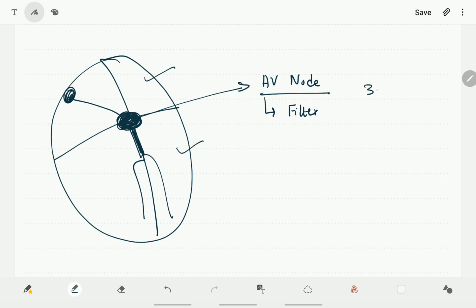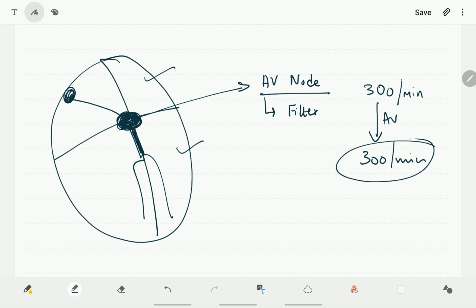For example, if we've got a pathology in the atria and the impulses are being generated at around say 300 per minute in the atria, if the AV node allows all of these to pass into the ventricle, then the ventricle will be beating at 300 beats per minute, which would basically mean there would not be sufficient cardiac output, and the patient would most likely go into cardiac arrest. So the AV node does not let all these impulses pass down, and it filters.